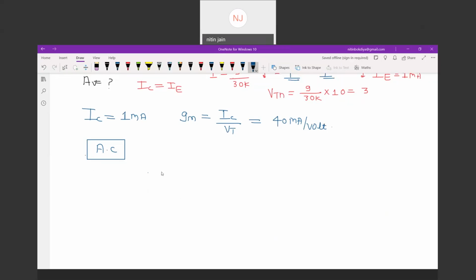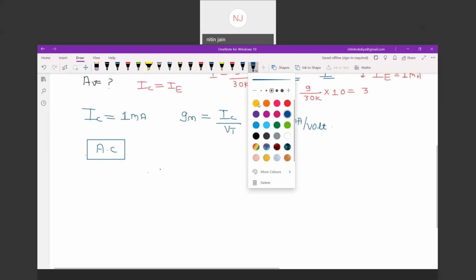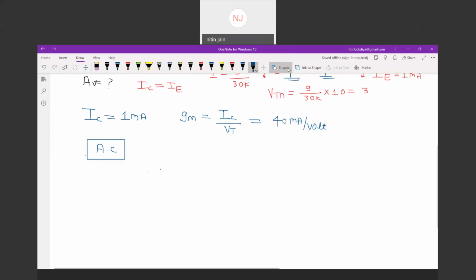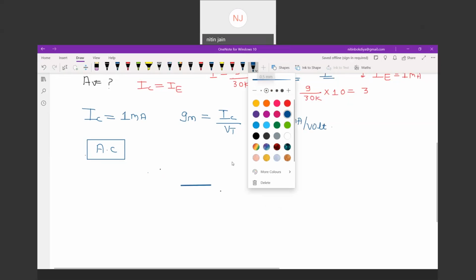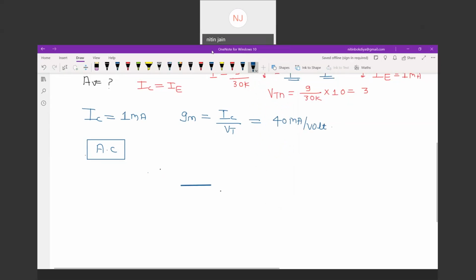This is the circuit for AC, है ना. चलो AC के लिए बना लेते हैं. This is our base. ठीक है. Then we are having one base terminal.